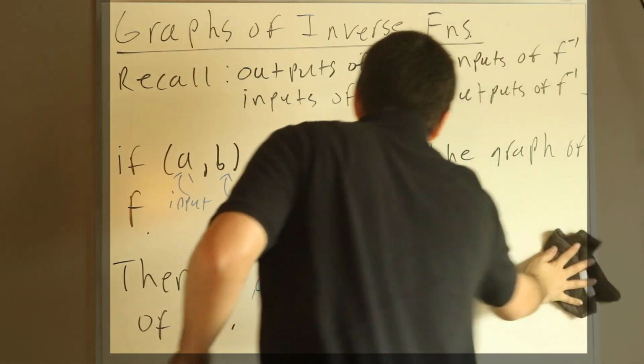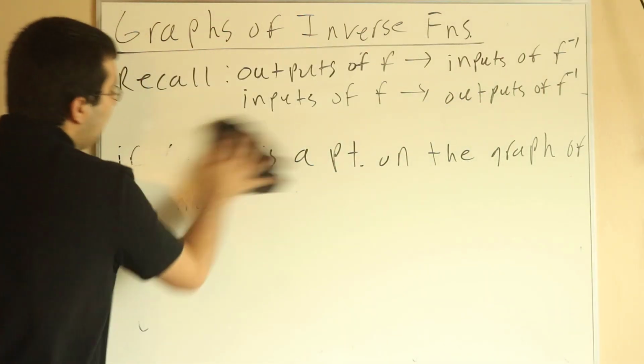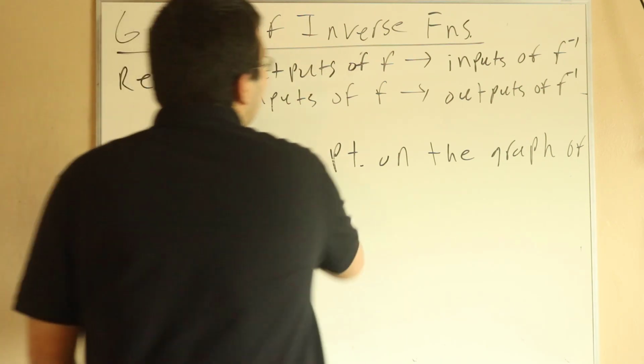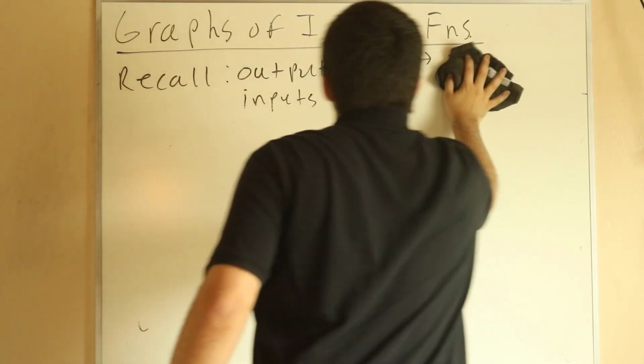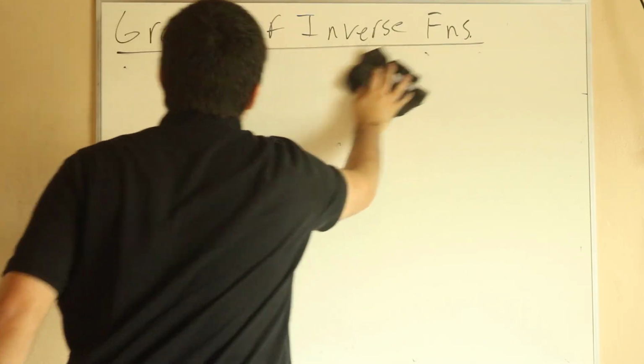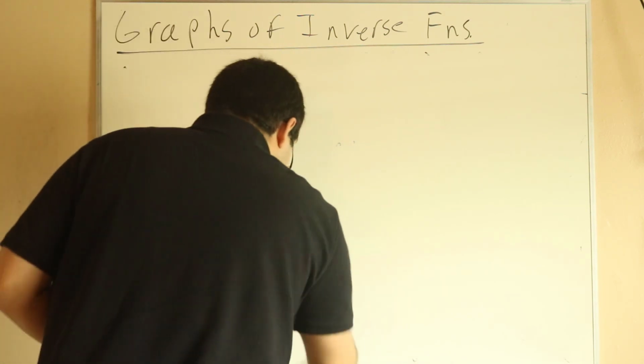Okay, so this idea of (a, b) being on f meaning (b, a) is on f inverse leads you to this conclusion eventually.